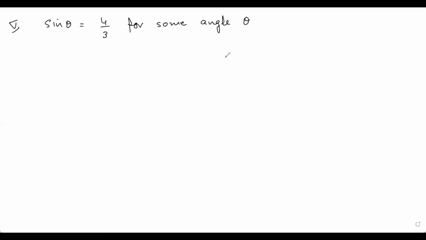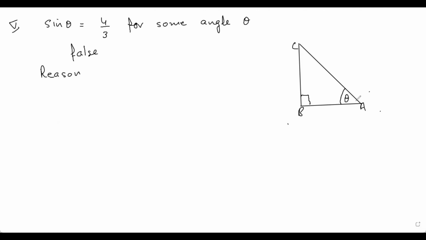Now the fifth part is, sine theta is equal to 4 by 3 for some angle theta. This is a false statement. The reason is, this is a right angle triangle, right angled at B, and this angle A is theta. Sine theta is 4 by 3. It means perpendicular by hypotenuse is equal to 4 by 3.